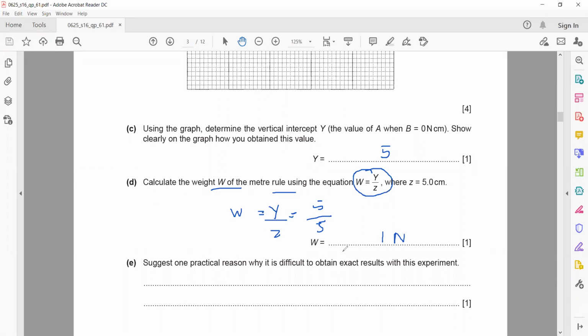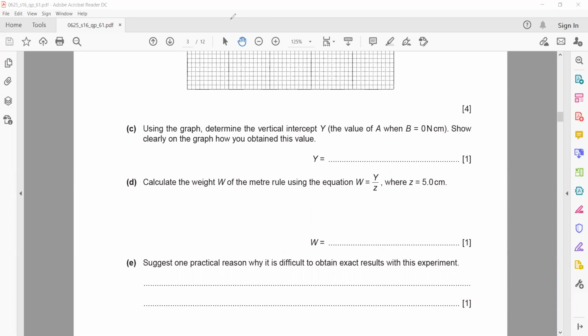Paper 6 formulas will be given. You just have to use the values from either measurement or the graph and substitute in the formula to get the answer. So it's like mathematics. That's why I'm saying paper 6 is not that difficult. You just have to go through 5 to 6 sessions of paper 6 and you will find it very easy.